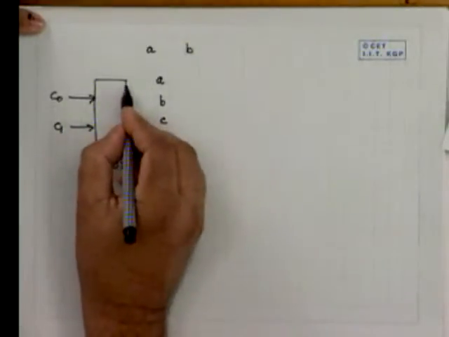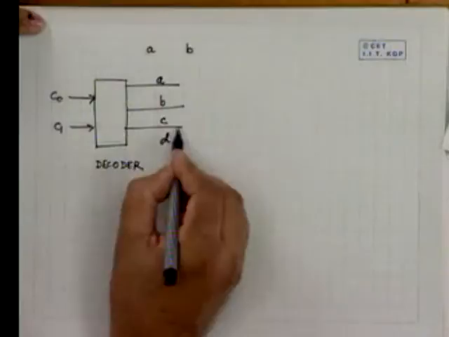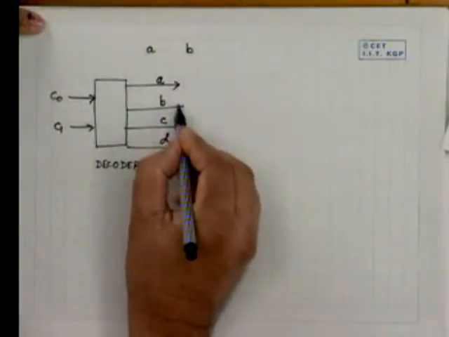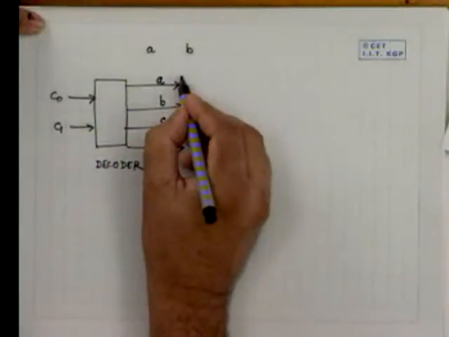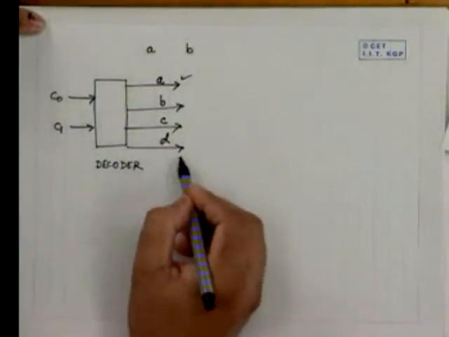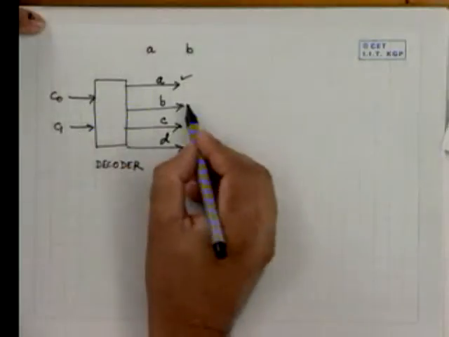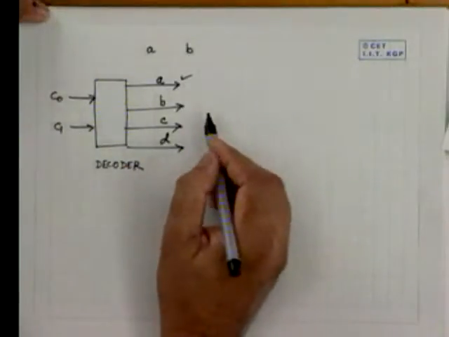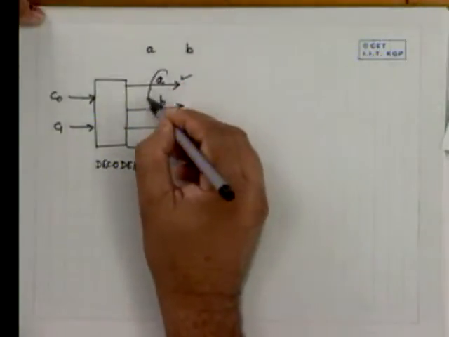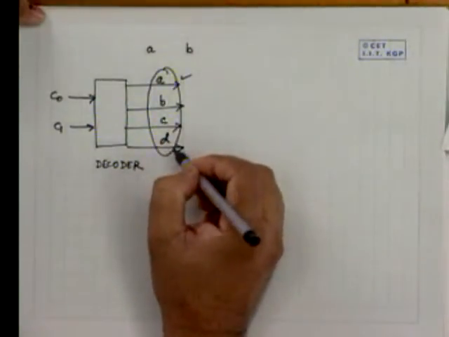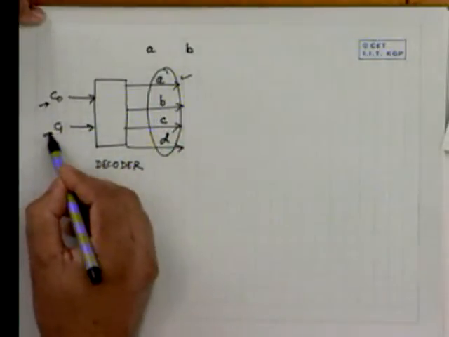The decoder has 4 output lines, A, B, C, D. If the input is 0, 0, then A is high and the others are low. If it is 0, 1, then B is high, others are low, and so on. Therefore, we can encode these 4 control points A, B, C, D by means of 2 bits, C0 and C1.